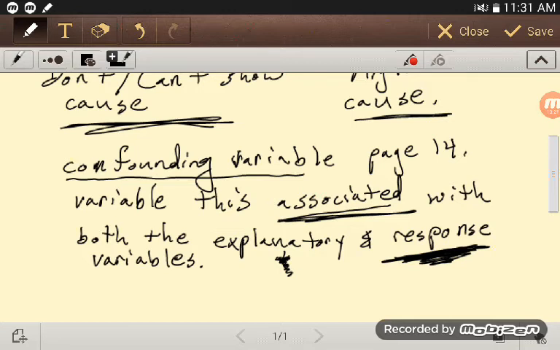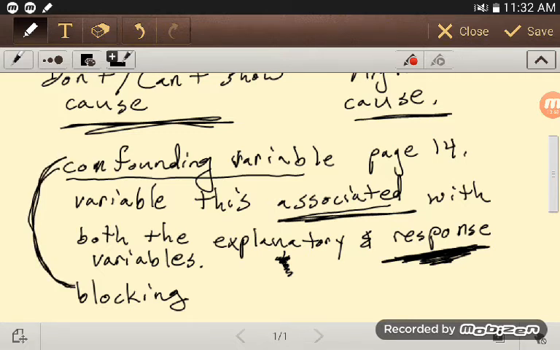And now they also mention blocking. Now blocking, to me, I really see blocking in a study. Now they mention it specifically in experiments, but it could be in an observational study.